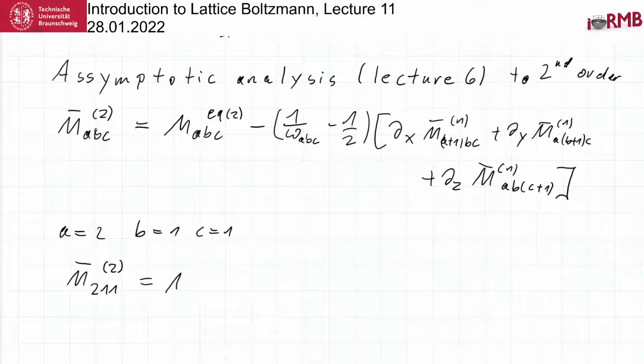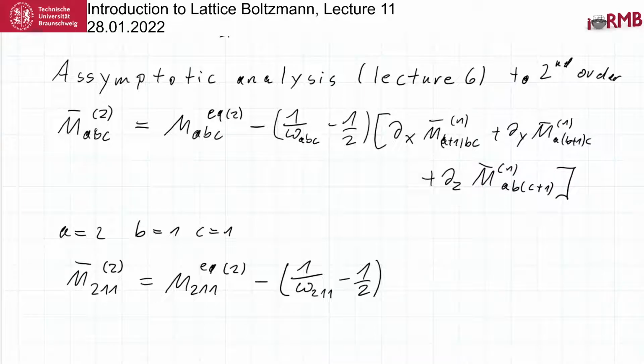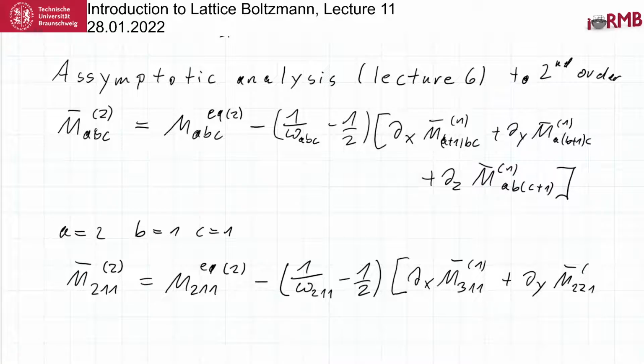M211 equilibrium, second order, minus, and now we have the relaxation rate omega_211 minus 1/2, and this is d_x M311, so there would be an aliasing in this, of course, plus d_y M221 first order plus d_z M212 first order.